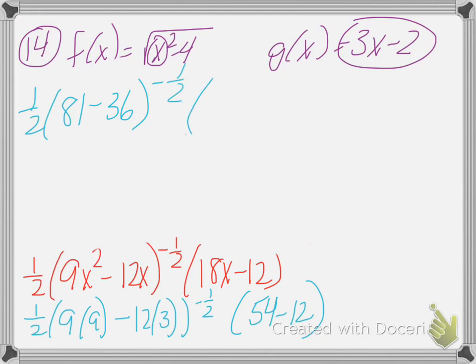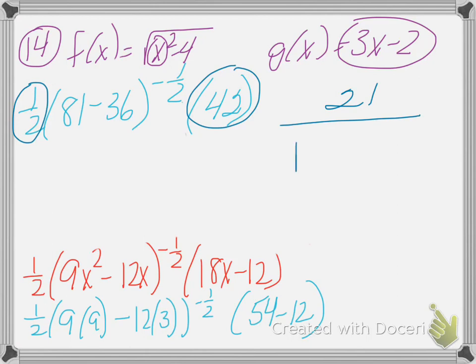And 54 minus 12 is 42. So we can easily take care of these two pieces. 1/2 times 42, it's just half of 42, so that's going to give you 21.